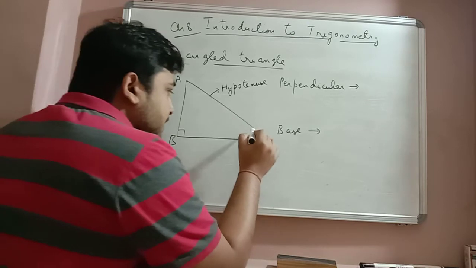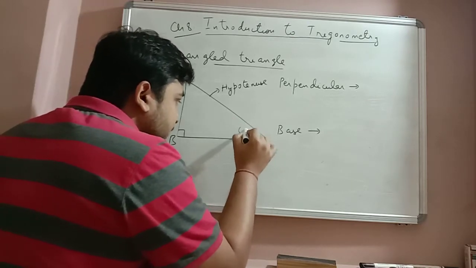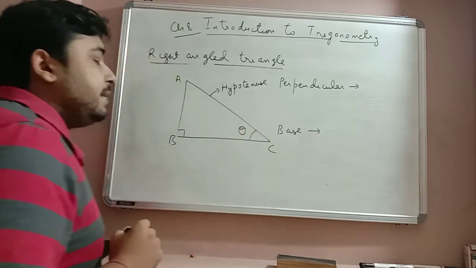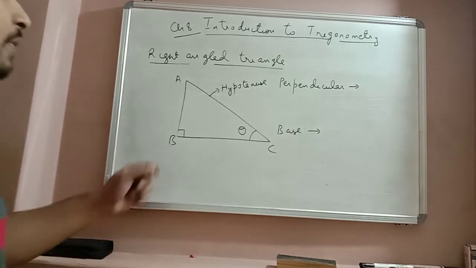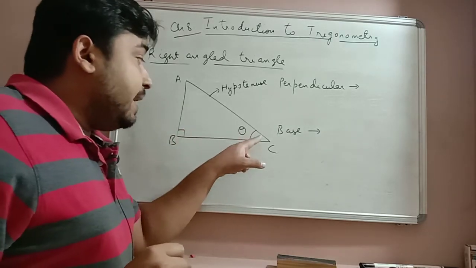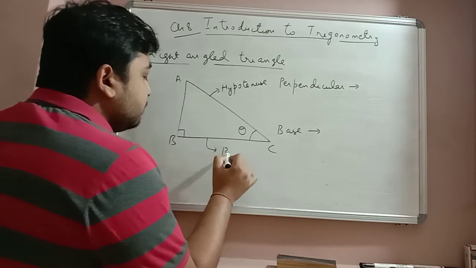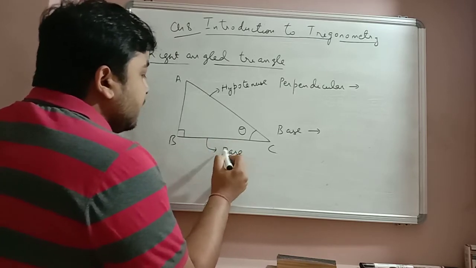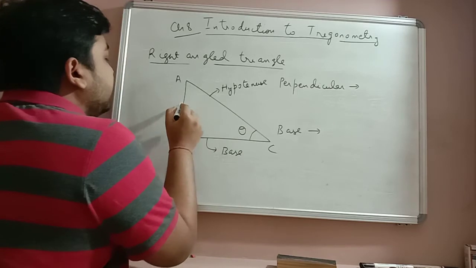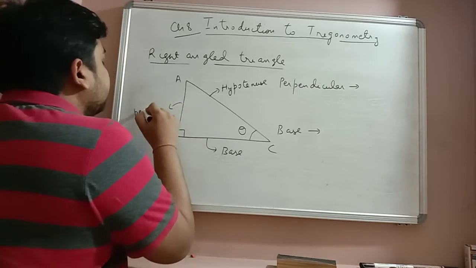Now if I consider this angle, angle C, and take it as theta, then the side adjacent to this angle will be known as the base, and the side opposite to the angle will be known as the perpendicular.